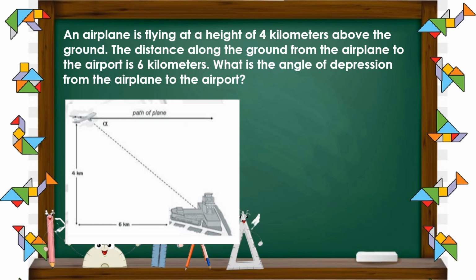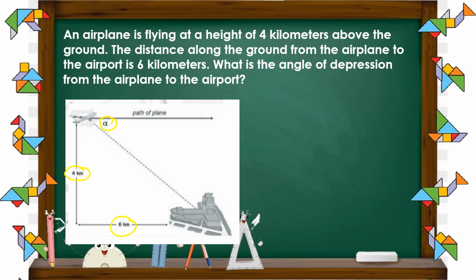So we have here 4 kilometers, which is the height or the altitude of our airplane. Then we have 6 kilometers, which is the distance of the airplane on the ground. And we are going to find the angle of depression, which is angle alpha.